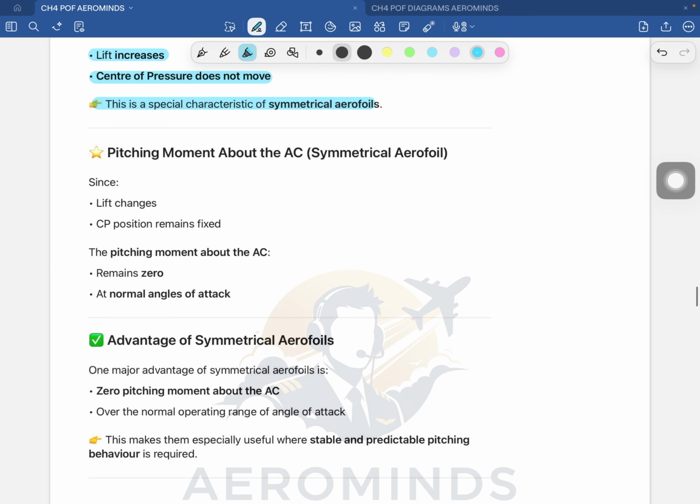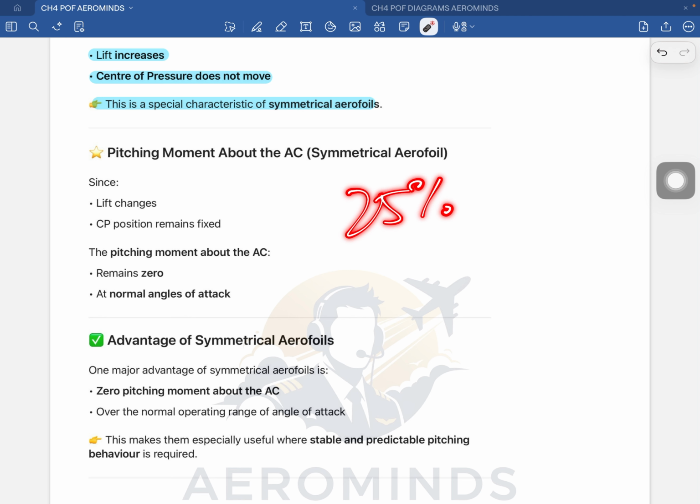Then comes the pitching moment about the aerodynamic center. Now if you think about this, the lift changes as the angle of attack increases, but the center of pressure position almost remains fixed. And the aerodynamic center is also the same quarter chord position, which is around 25%.